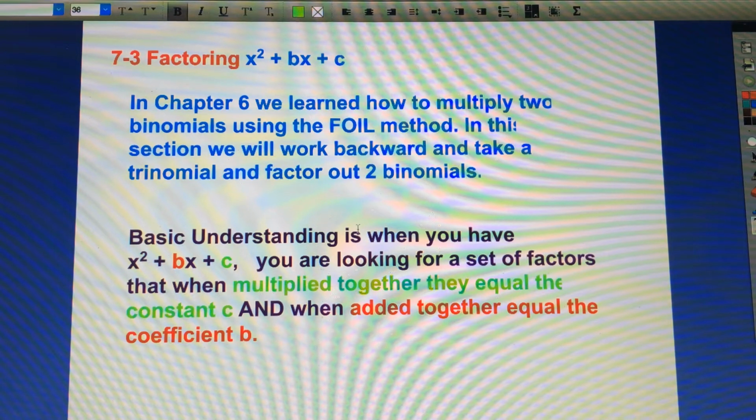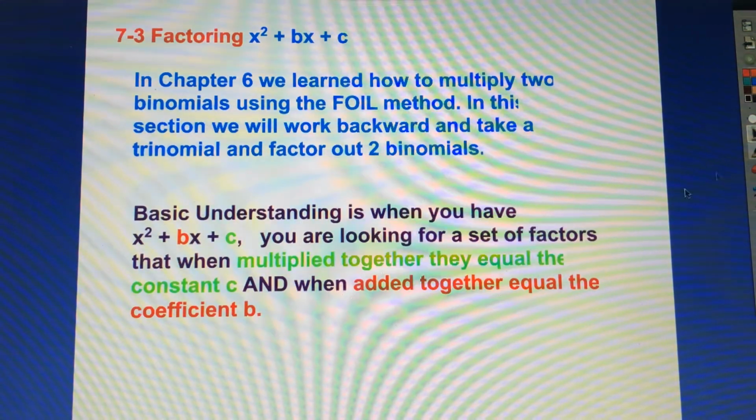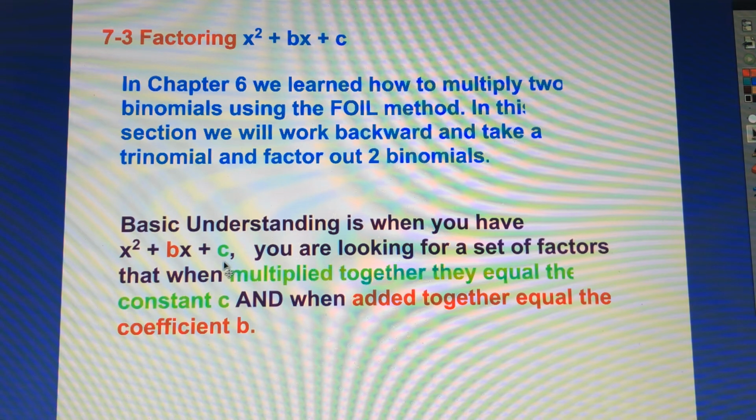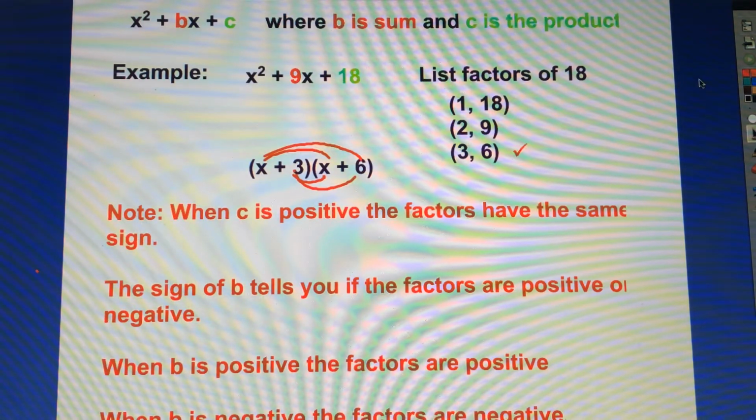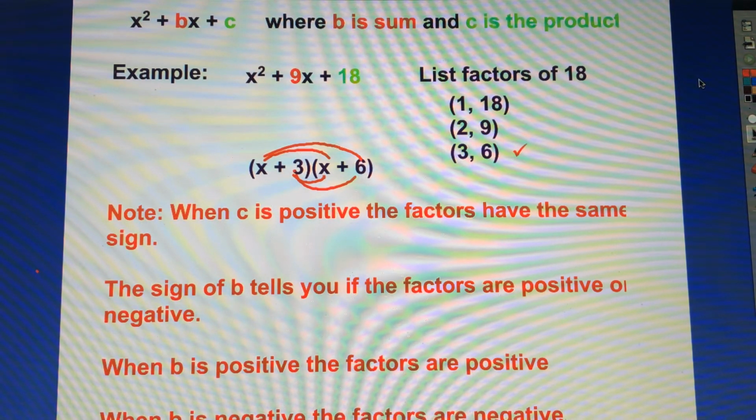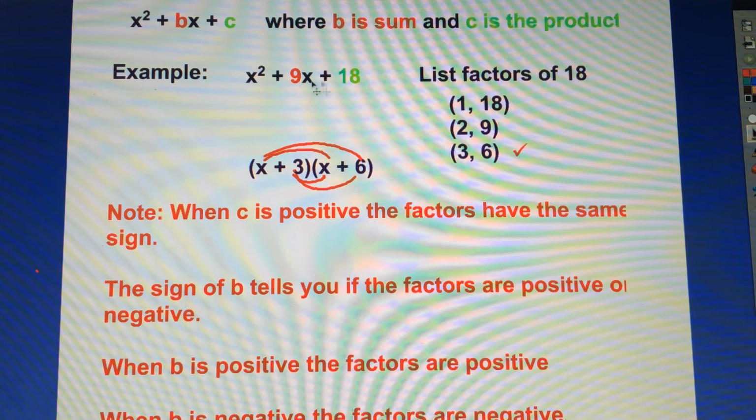So here I have c, and I'm going to find two numbers that multiplied together to equal c and added together to equal b. So our first example, x squared plus bx plus c. So b is the sum and c is the product.